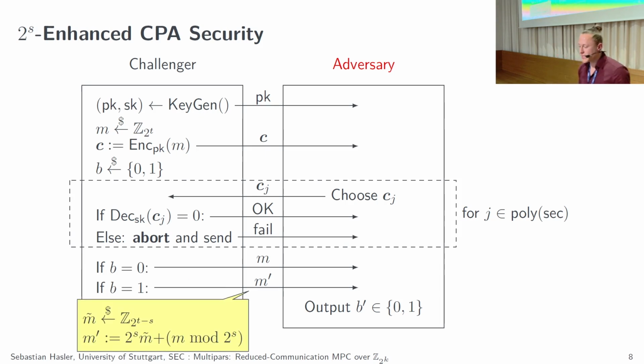In the b equals 1 case, instead of giving the adversary a random message, we give the adversary a random message, but where the least significant s bits are still the same as in the original message. So basically, this security game formalizes that the adversary is always allowed to learn the least significant s bits of the message m, but only after making those queries.